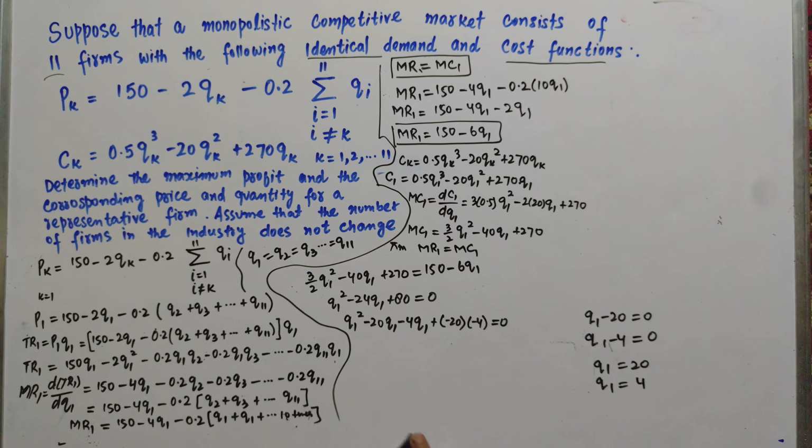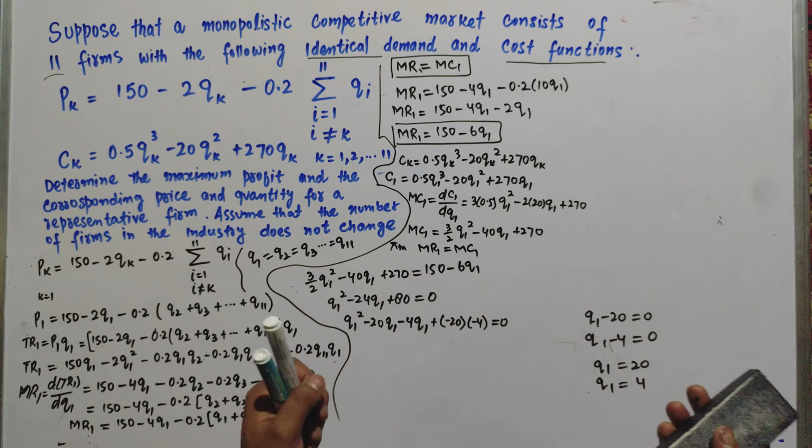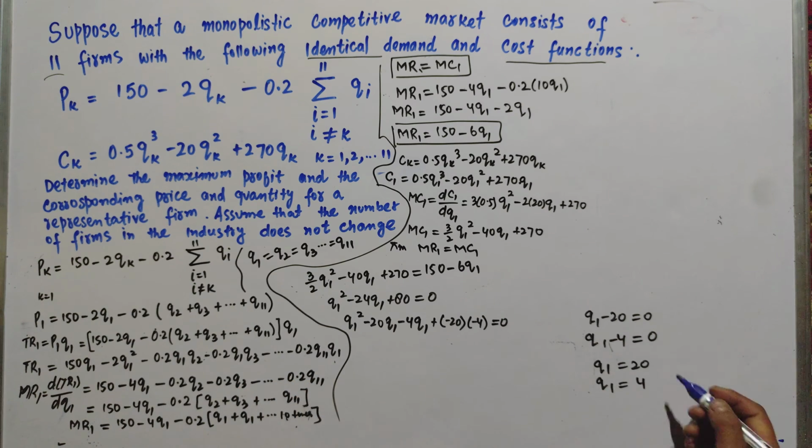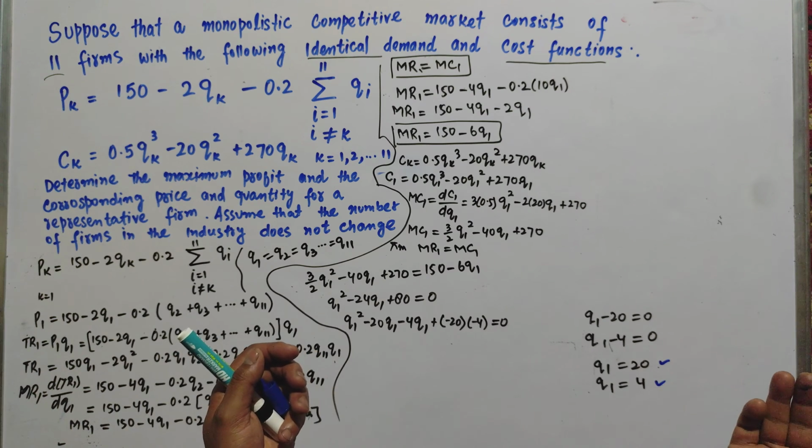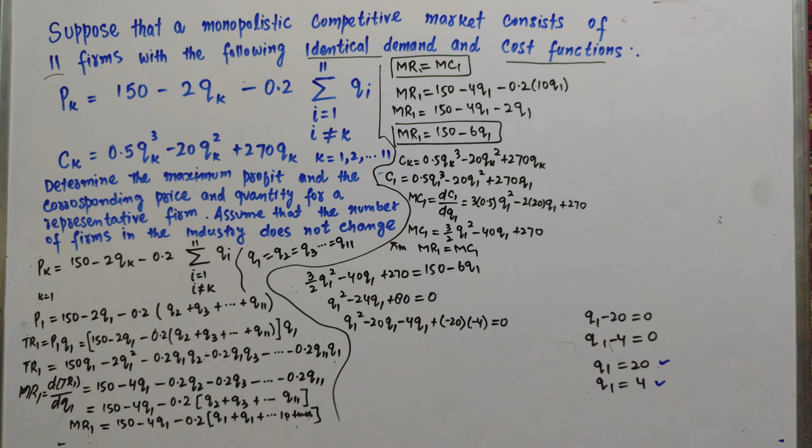Since none is negative, we cannot rule out a value as a negative quantity. Both are positive. Now we have to check the second order condition here. So when we solve this, we got two values: q1 is equal to 4 and q1 is equal to 20.